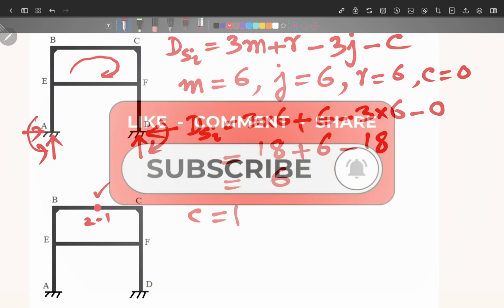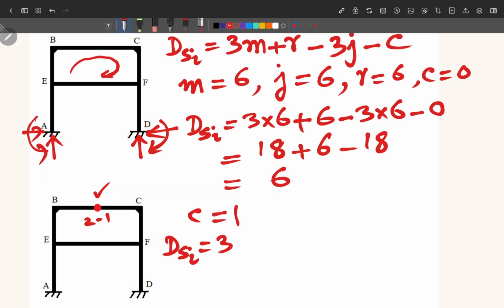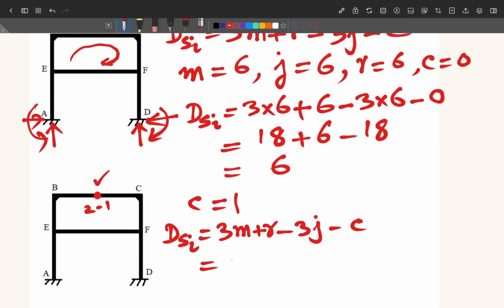So we can calculate here in the similar way degree of static indeterminacy 3m plus r minus 3j minus c. So here we substitute because these joints and the members are same. So it will be same as 3 into 6 plus the reactions same. We see here 3 reactions here, 3 reactions here.